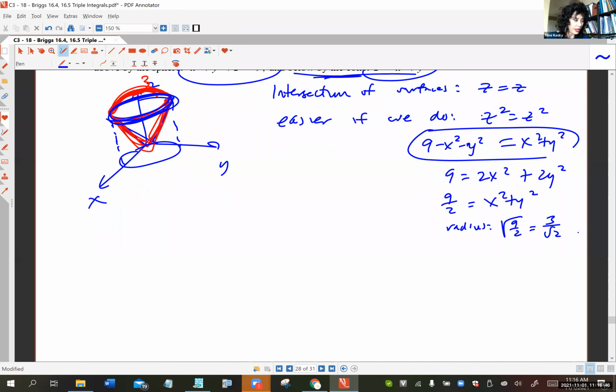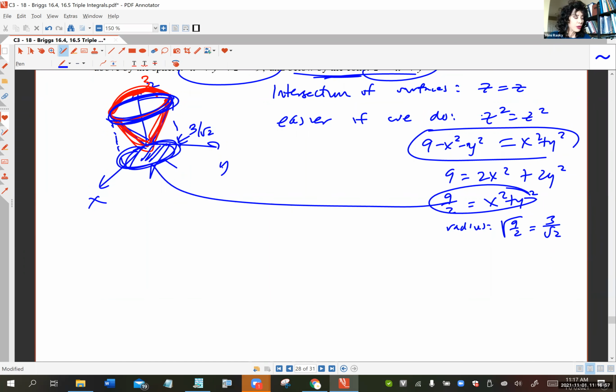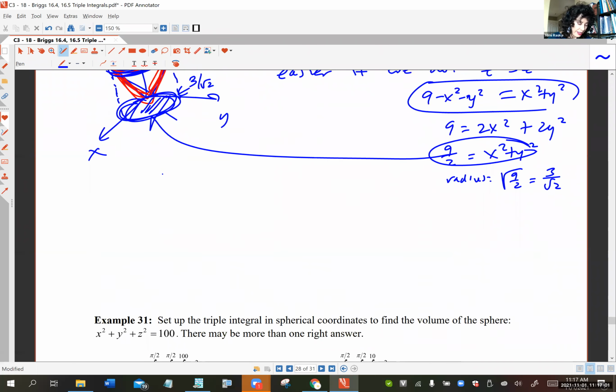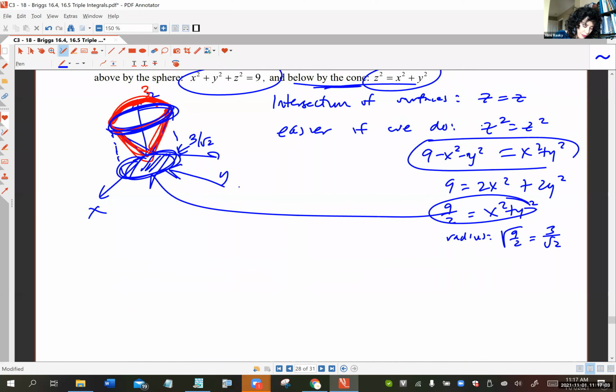So that would be this projection right here, this circle centered at the origin. That's the projection of the solid onto the XY plane.